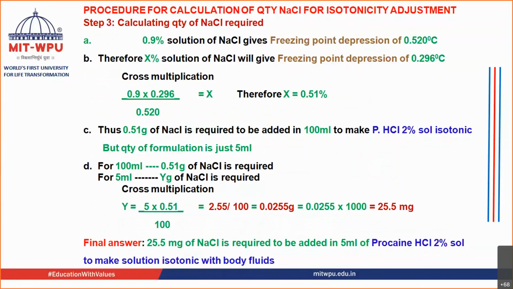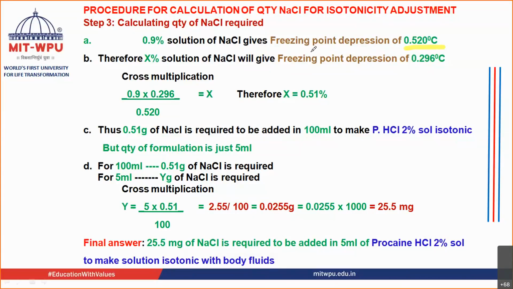If it is isotonic with your body fluid, it also means that 0.9% solution of NaCl is going to have the same freezing point depression as your body fluid. It also means that 0.9% solution of NaCl gives freezing point depression of 0.520.